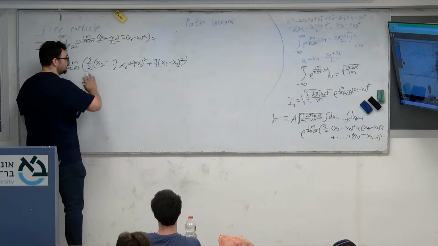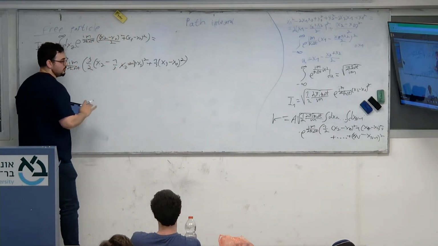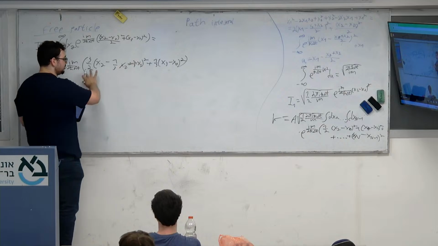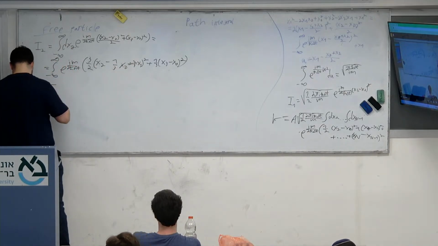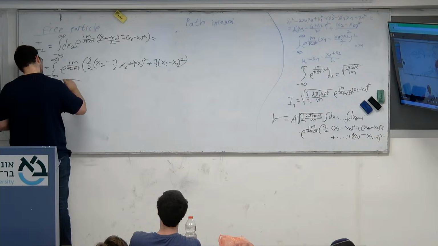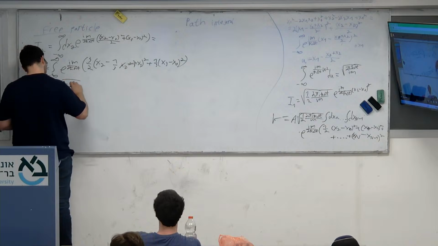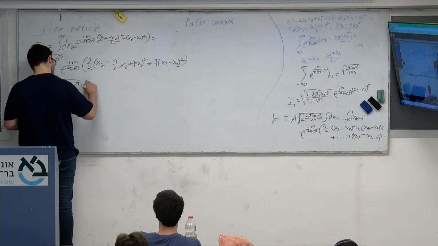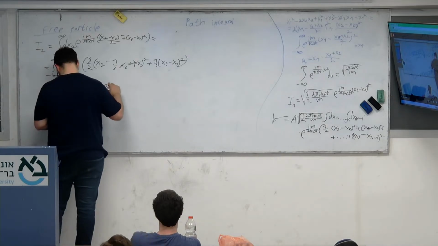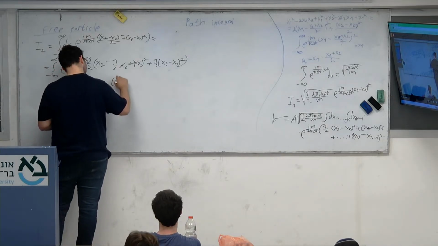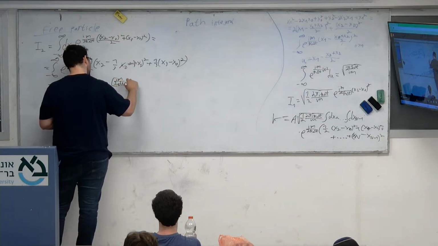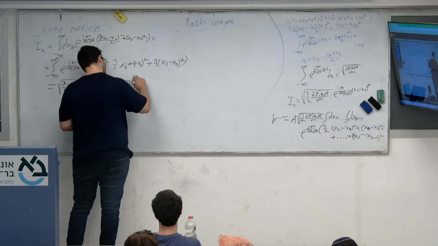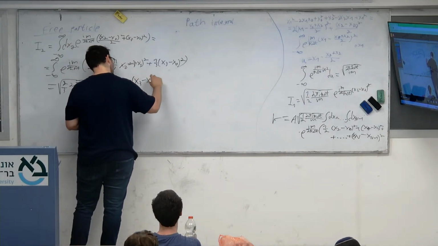Sorry, I'm just going to skip right ahead to the solution for this: the square root of 2/3 times 2 pi i h bar delta t over m, times e to the power of i m over 2 h bar 3 delta t times (x3 minus x0) squared.